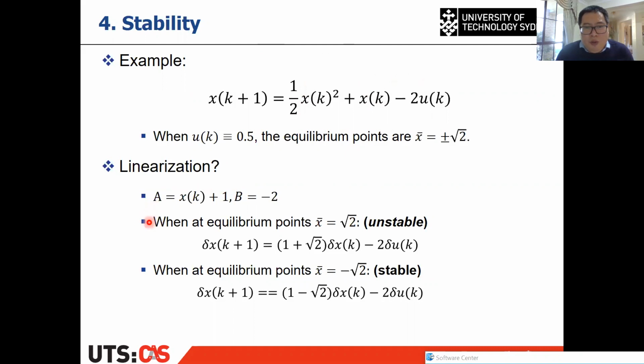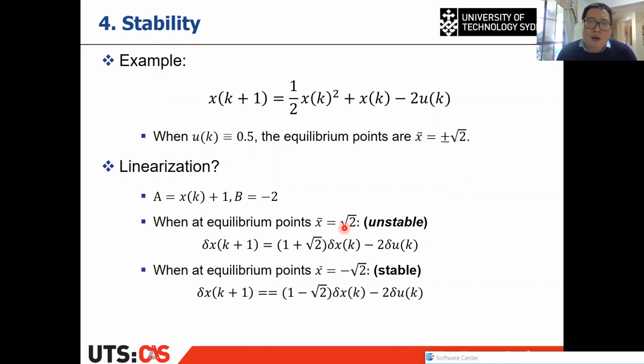When at equilibrium point x equal to square root of 2, we can see the A matrix is 1 plus square root of 2. It is larger than 1, right? Which means that is not stable. And when at equilibrium point minus square root of 2, the A matrix is equal to 1 minus square root of 2, which means that is stable.